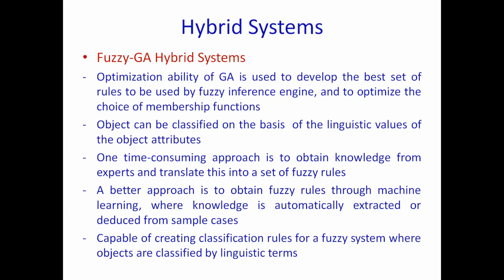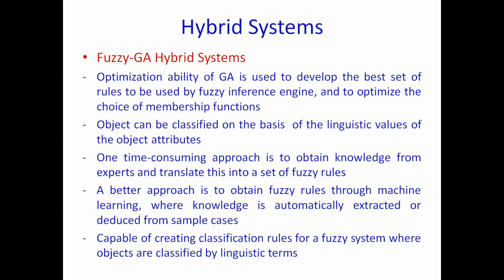It is capable of creating the classification rules for a fuzzy system where objects are classified by linguistic terms, and coding the rules genetically enables the system to deal with multi-valued fuzzy logic, and it is more efficient, as it is consistent with some numeric coding of fuzzy examples.